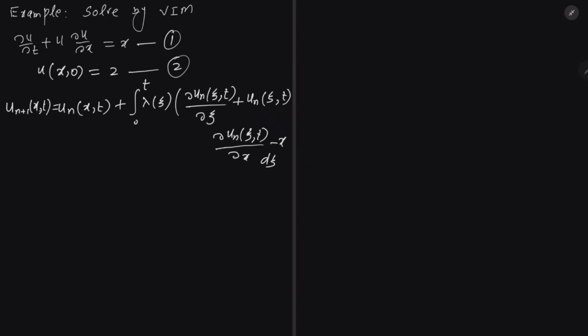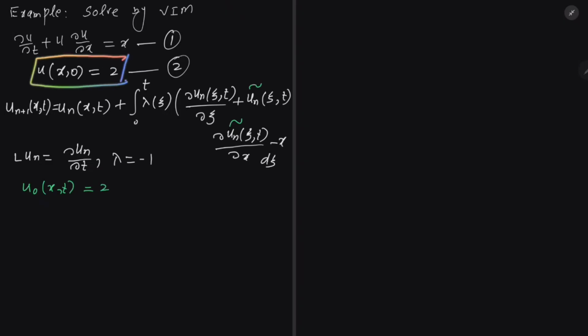And remember that we also need to treat this as our restricted variation, but in the calculation we will use that. So since our L un is partial un by partial t, in that case lambda is minus 1. We solve this problem, and we also see that our initial guess is equal to 2, and this is our initial guess over here.